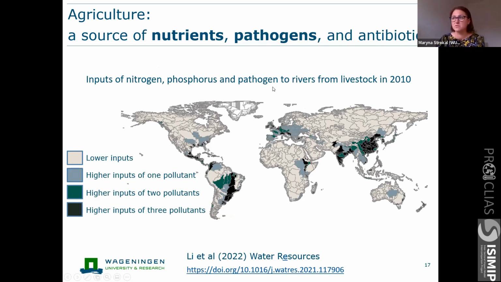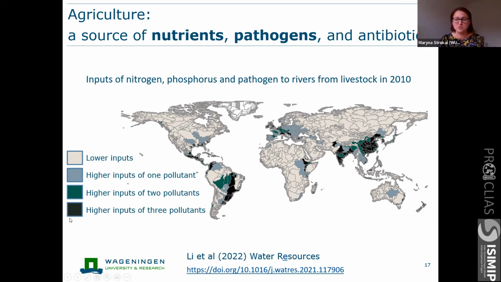Now I'm showing you another map, inputs of nitrogen, phosphorus, and a pathogen to rivers from livestock production in 2010. So this map combines the pollution levels of these three pollutants, nitrogen, phosphorus, and pathogen. It shows in a light gray lower inputs of the three pollutants.